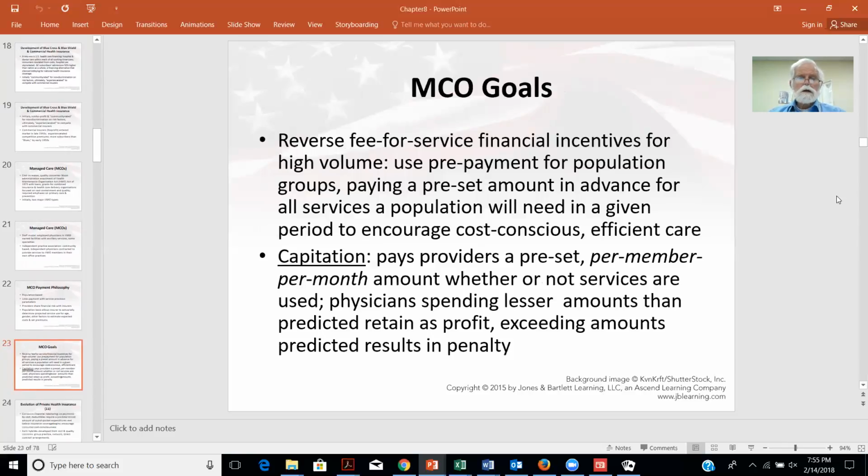Managed care organizations use a set prepayment for a population of patients, and then a capitation on the amount that is paid to providers per month, whether or not services are used, leading to the temptation to profit off this.